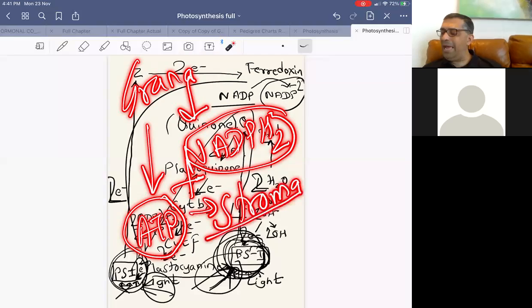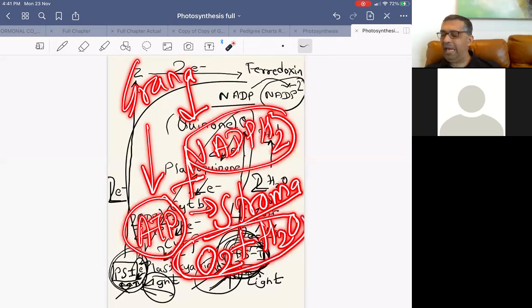And stroma में carbon dioxide will combine with water, and CO2 plus H2O will now combine with NADPH2 and ATP.